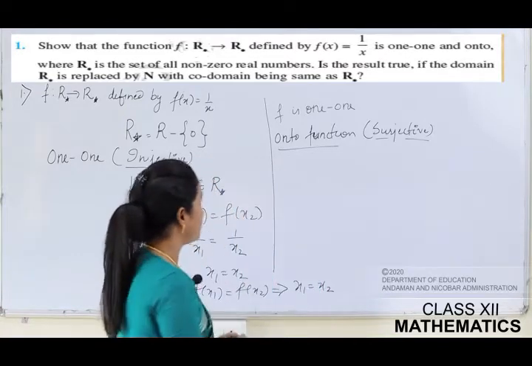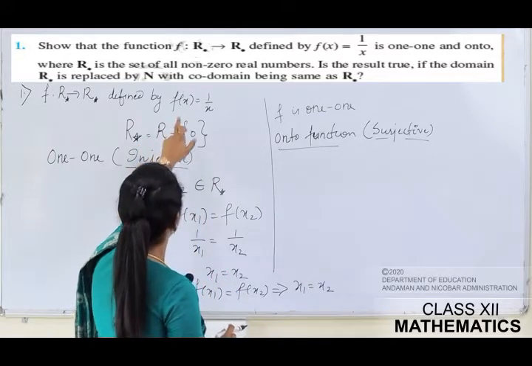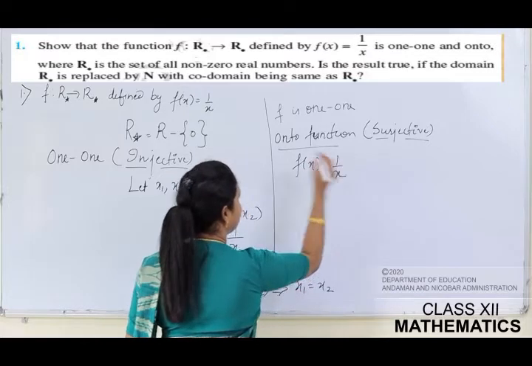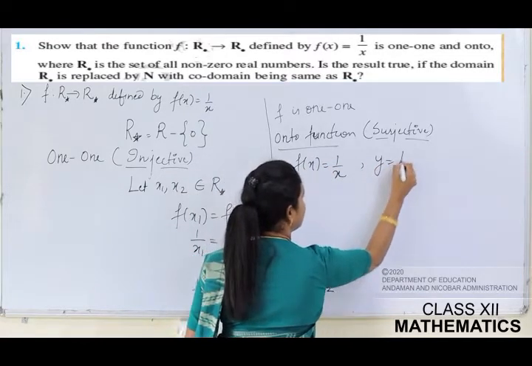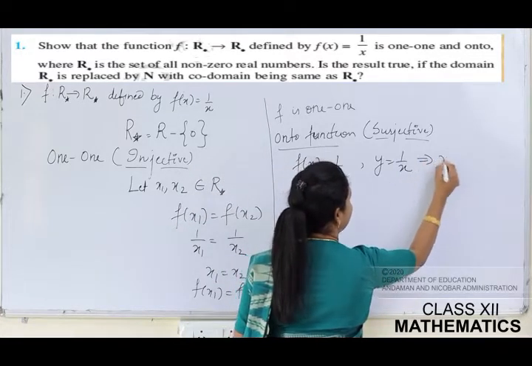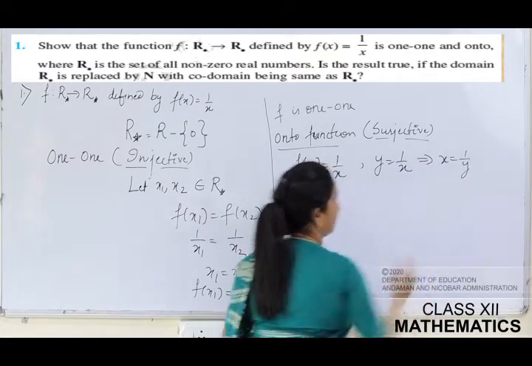So let's see how to prove this question. Now f(x) is equal to 1 by x, that means y is equal to 1 by x. Okay, that implies that x will be equal to 1 by y.